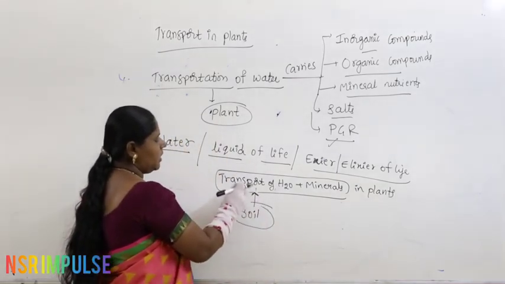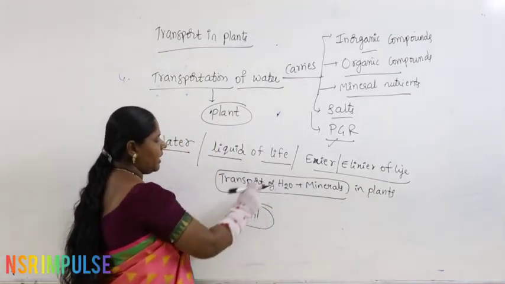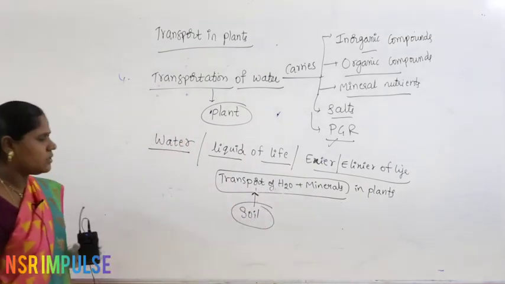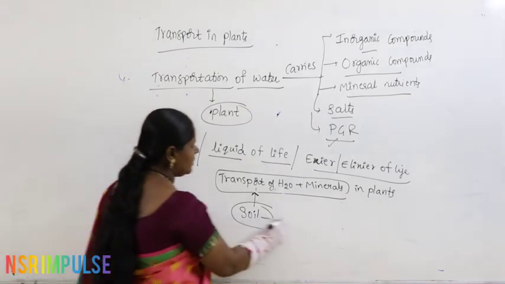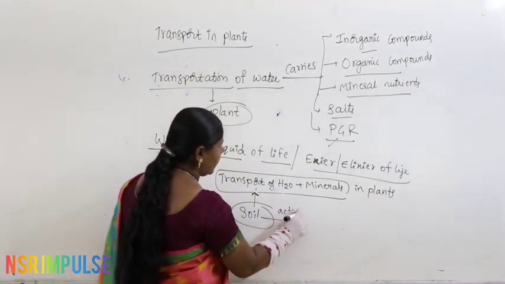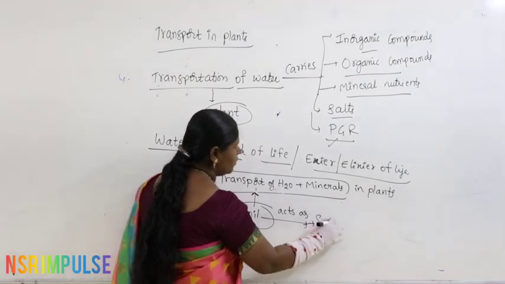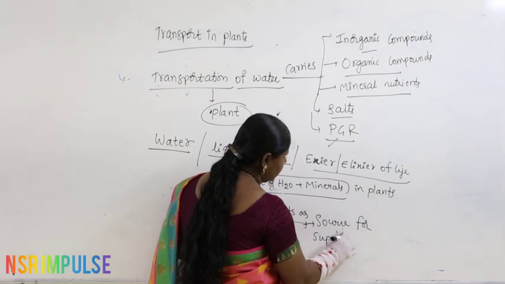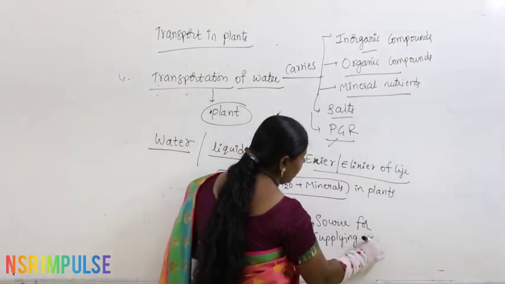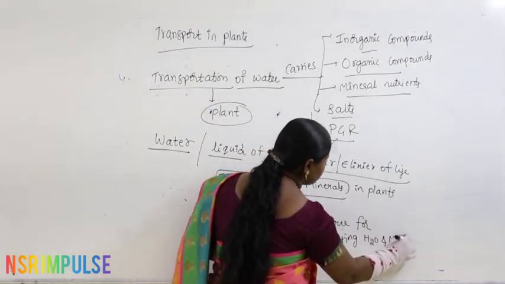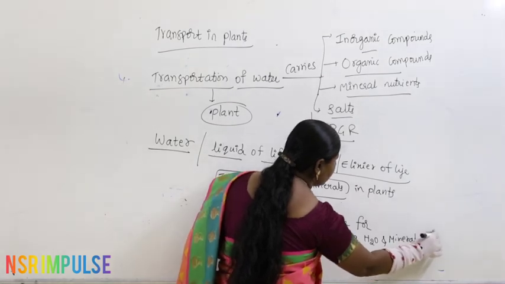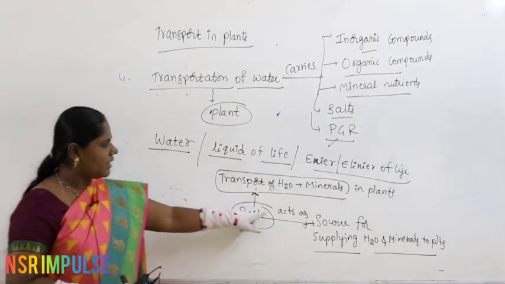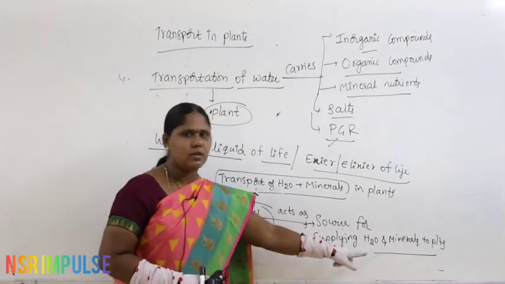Soil provides water and minerals, so within the plants there is transportation of water and minerals. Soil acts as a source for supplying water and minerals to plants. Obviously, we know all this.